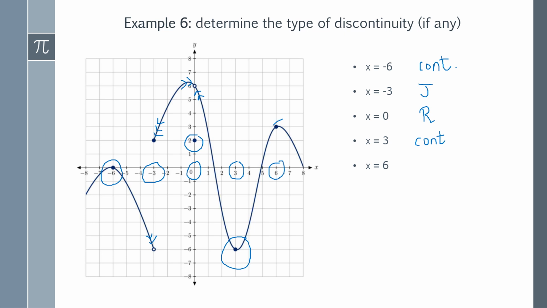Same thing. There is no jump here, no asymptote, no hole. So the function is also continuous here. All right, so in this problem, we had 2 points where the function is discontinuous. We have a jump discontinuity for -3, and we have a removable discontinuity for x is equal to 0.